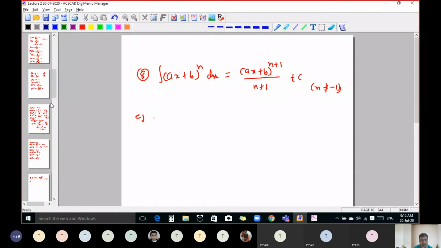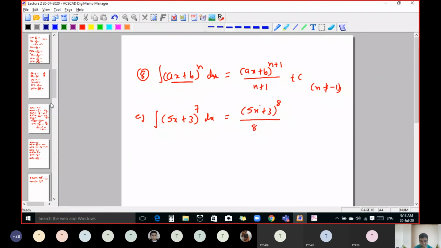Example, integration of, please bear in mind this should be a linear function, 5x plus 3 whole raised to 7 dx. So the answer is 5x plus 3 raised to 8 divided by 8.